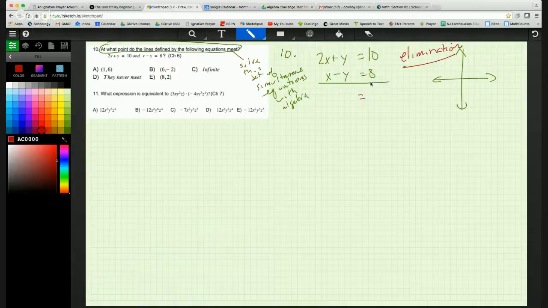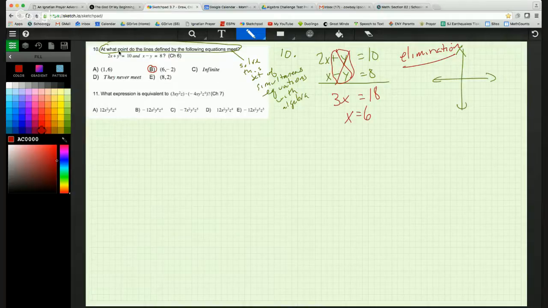So if I add the right side, I get 18, but if I add the left side, positive y and negative y will cancel. 2x plus x is 3x, so I get x equals 6. Wow. Well, I actually now know my answer has got to be this, because none of these other ones have 6.